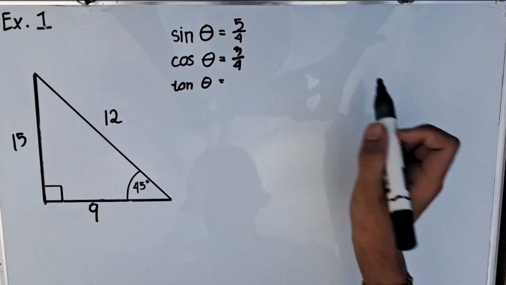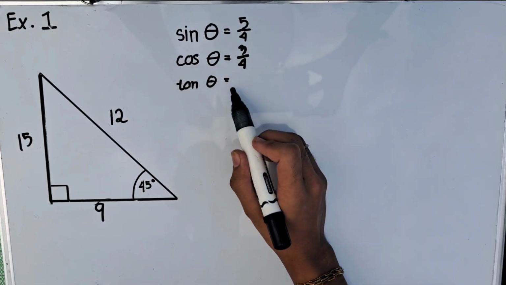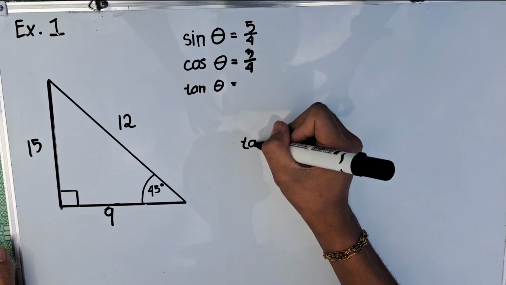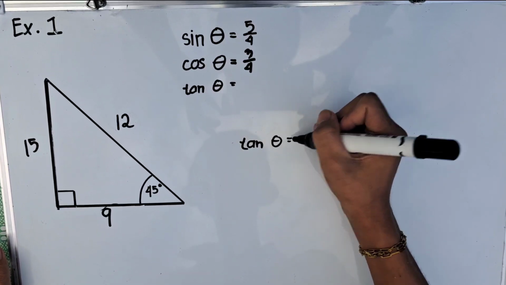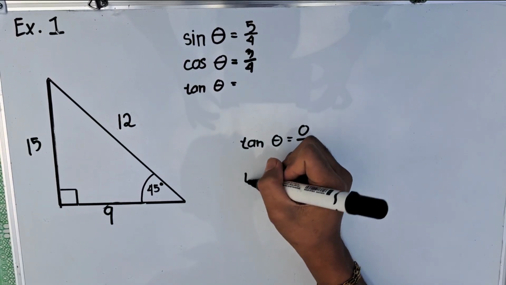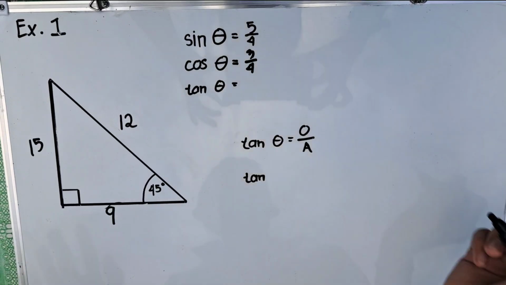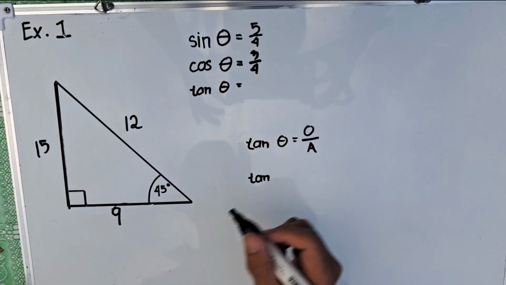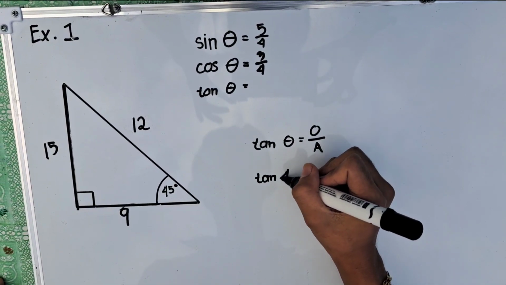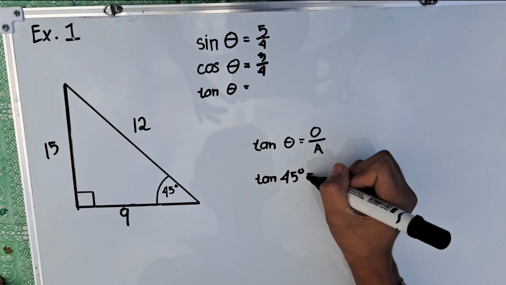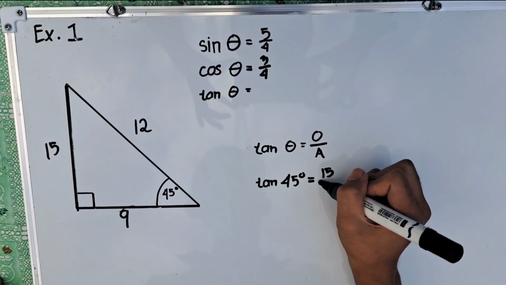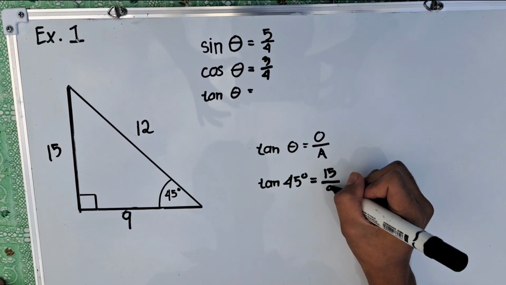So we already solved for the sine and cosine. The third trigonometric ratio is the tangent, and we all know that tangent theta is always equal to opposite over adjacent. Again, just like with sine and cosine, the next step is to put the given values from the triangle. So theta is 45 degrees, the opposite given is 15, and the adjacent given is 9.